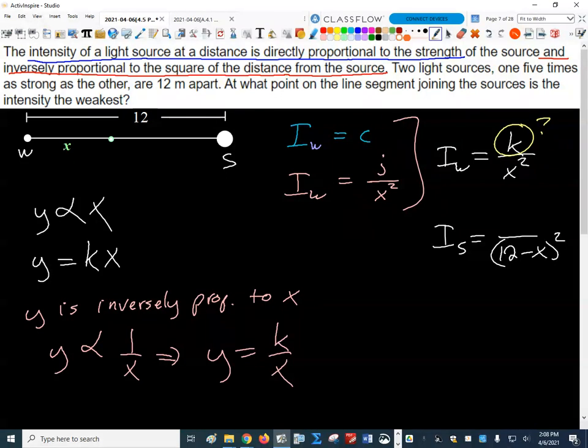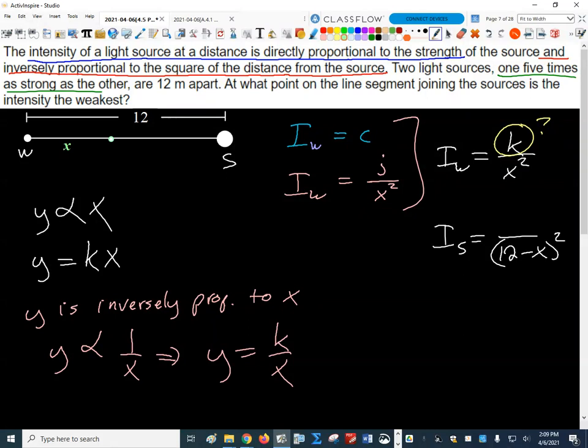That's my distance squared. So if I'm saying that the constant on the top is k for the weak source, and the strong source is 5 times stronger, what value should I have on the top in the numerator of that fraction? What do you think? 5k, there you go.